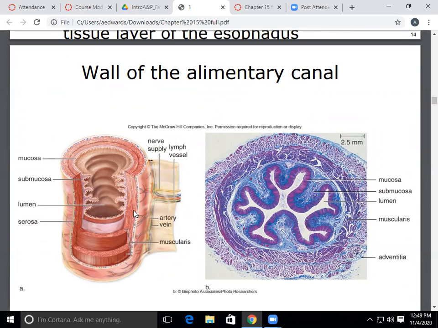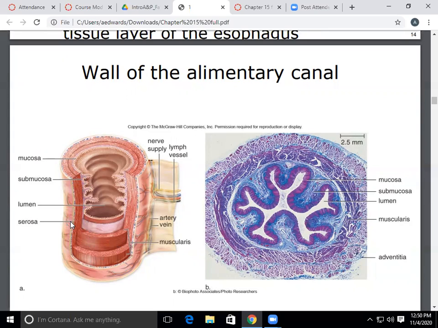So a few different ways to look at it. Here you've got your mucosa layer. Deep to that, submucosa, kind of your lavender layer. And you've got your muscularis. Here's your circular layer, longitudinal. And then you've got your serosa.